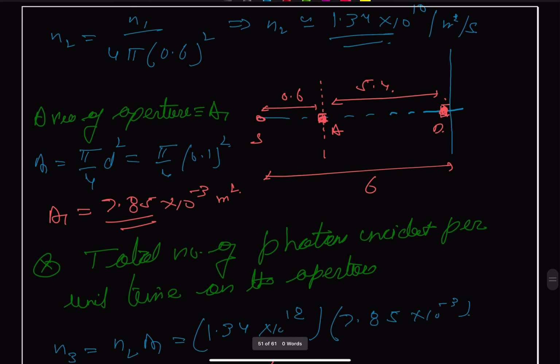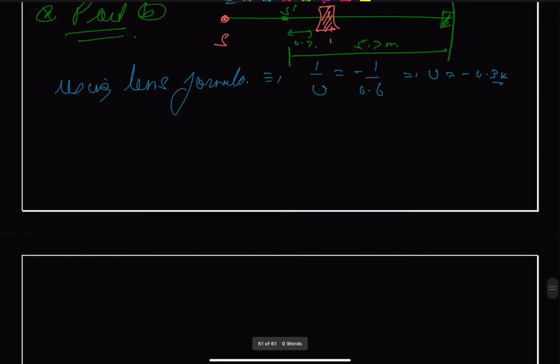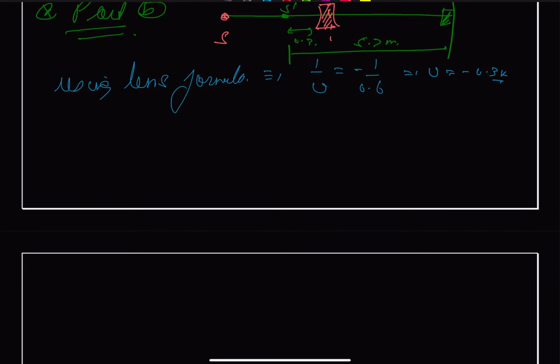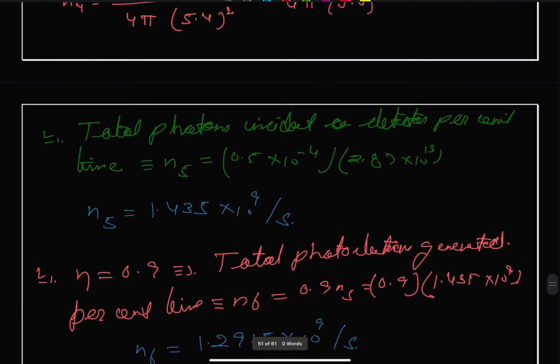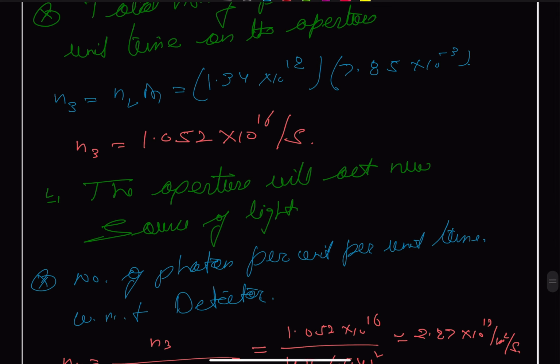Now the source is S prime, and still the total photons incident per unit time on the lens, that is our value, is 1.052 into 10 to the power 16 per second.